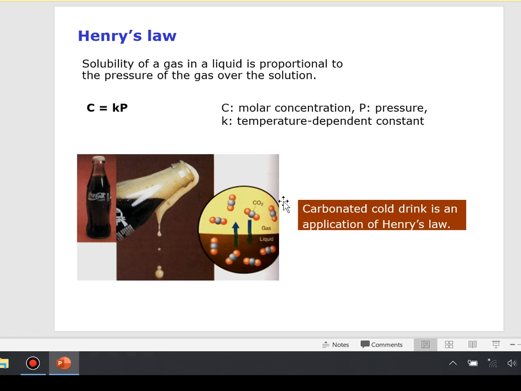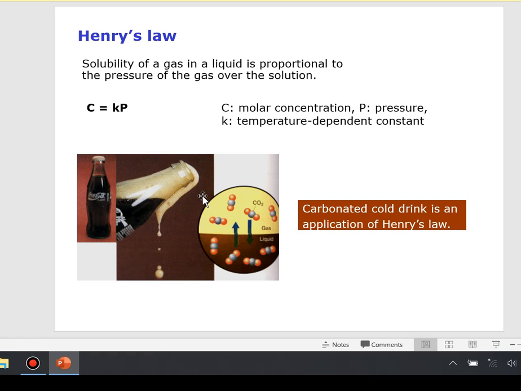So as we increase the pressure, the solubility of the gas in water increases. And when we decrease the pressure, that is, when we open the bottle, it fizzes out. It means that if we decrease the pressure, the solubility of the gas, that is carbon dioxide, in water decreases, so it fizzes out. That is based on Henry's law.